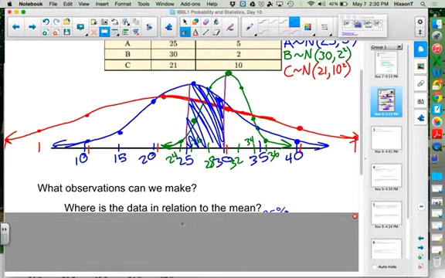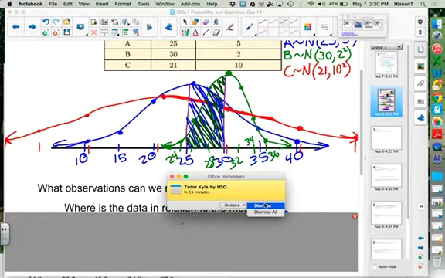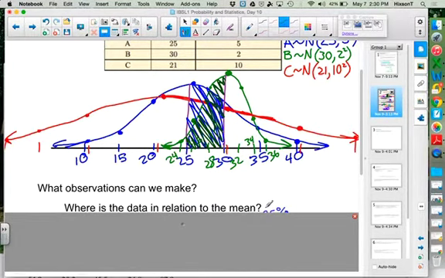Okay? However, with the green one, with B, notice it actually covers quite a bit more. Okay? It actually covers quite a bit more of the bell curve. Alright, now the area may look a little different, but look at it in relation to the rest of the bell curve.